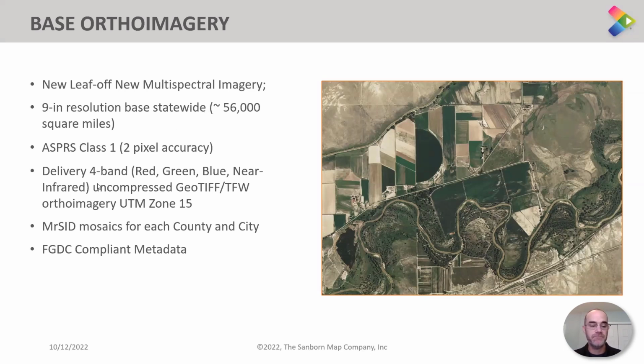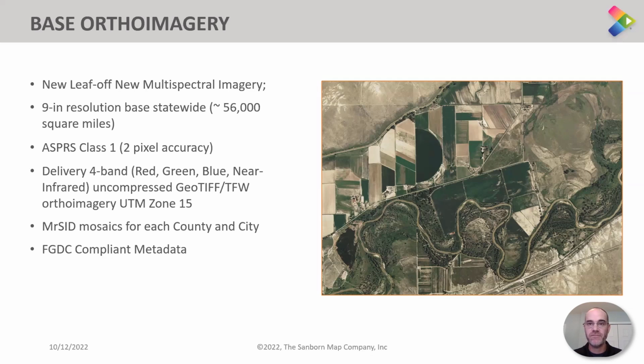So that question has come up. We are collecting in 4 bands, the RGB plus the near IR band, which are delivered in GeoTIFF format files from a consistent UTM standpoint across the state. The final product will also have a MrSID mosaic per county and city.